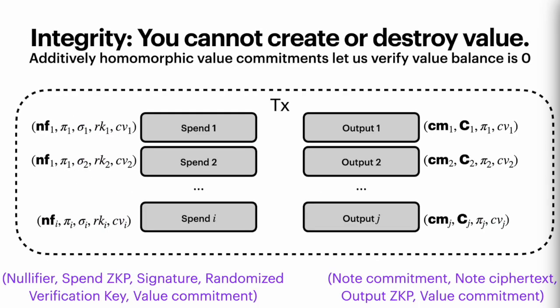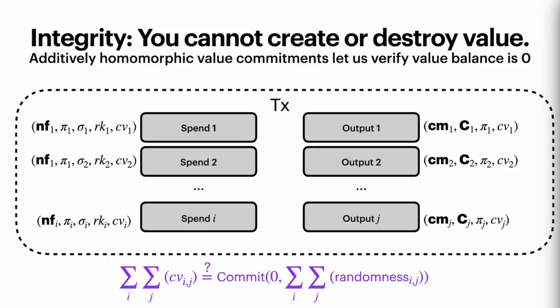Let's go to our big picture and add in those value commitments. Now associated with every spend, we've got some value commitments. What we're going to do is sum over all the i's and the j's for all the different value commitments and verify that it is a commitment to 0.